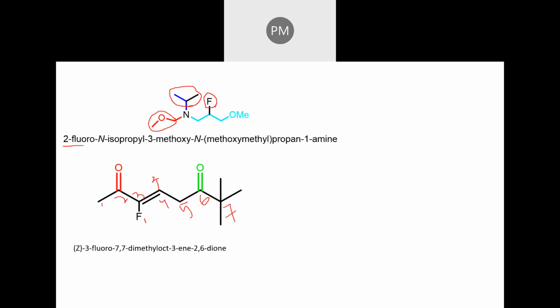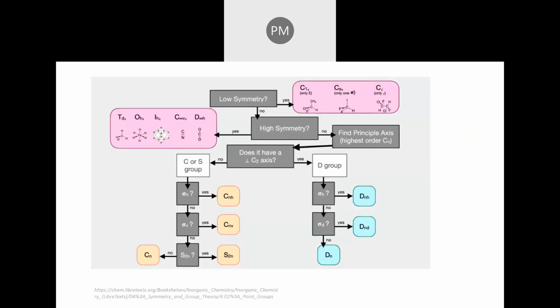So at the 7 position there are two methyl groups: 7,7-dimethyl, 3-fluoro. And the total number of carbons gives octane. At the 3 position there will be the E configuration, so 3E. At the 2 and 6 positions there are ketone groups. So 3E-octane-2,6-dione.